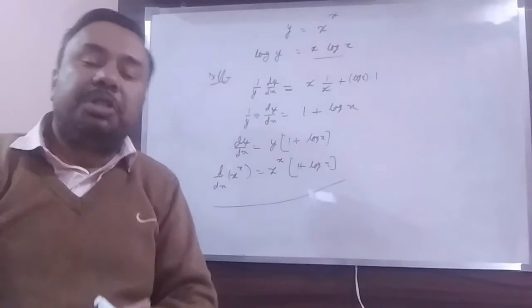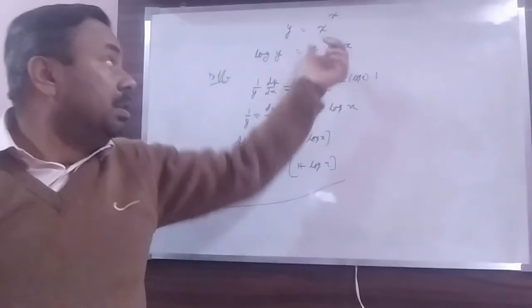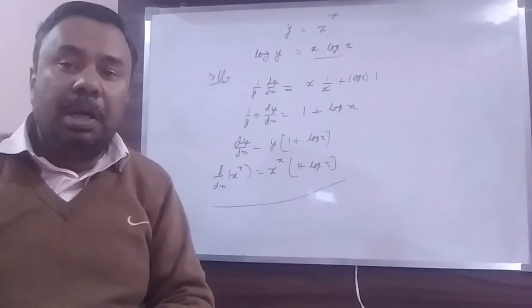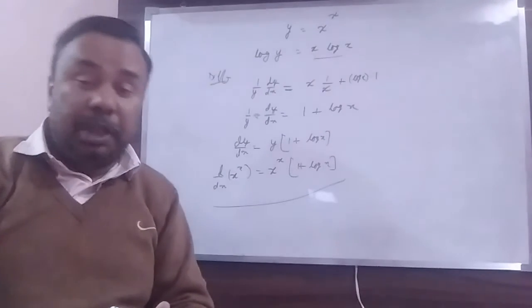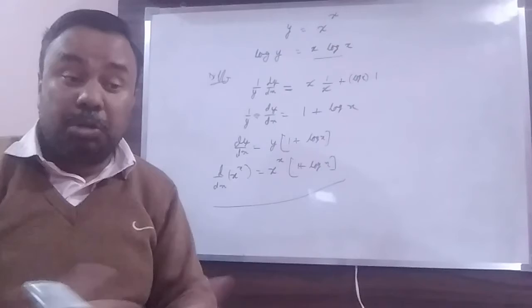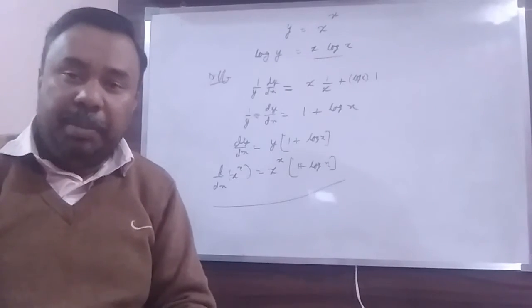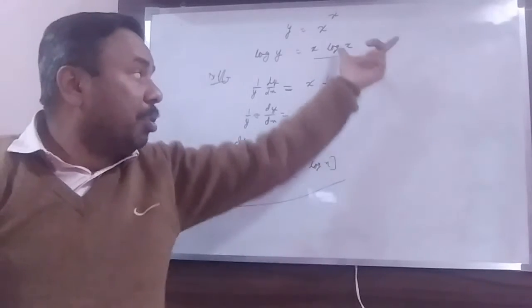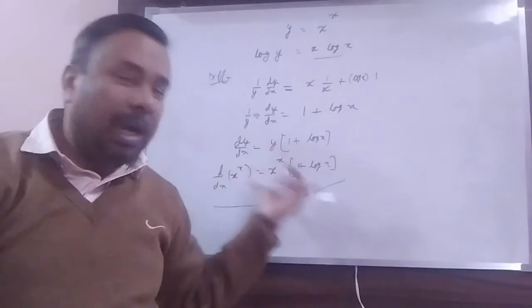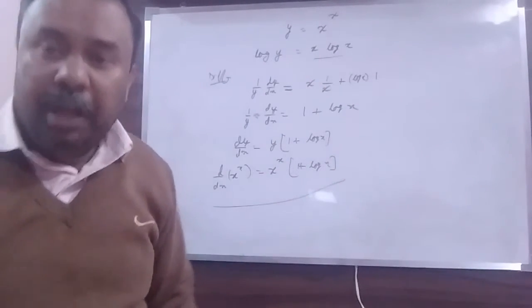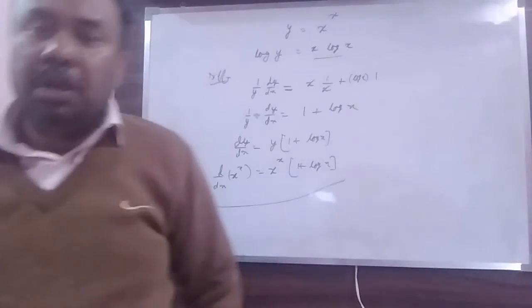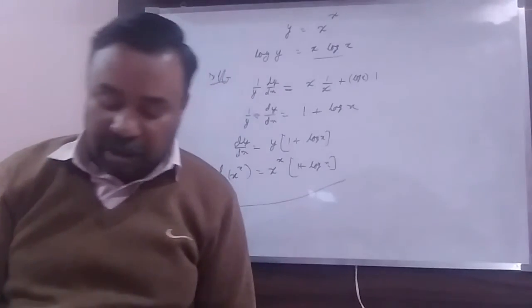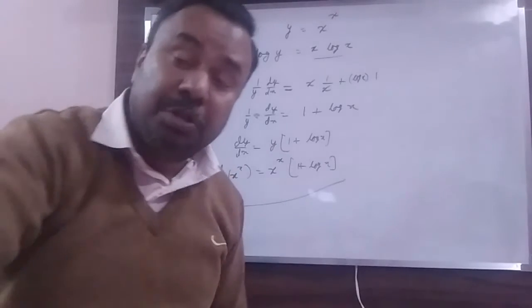Questions may be longer. Maybe you may have to take logarithms two times or three times. So don't worry. Just go on step by step, and you are going to have the answer right away. Okay, so let's now proceed to the next topic, that is dealing with parametric functions.